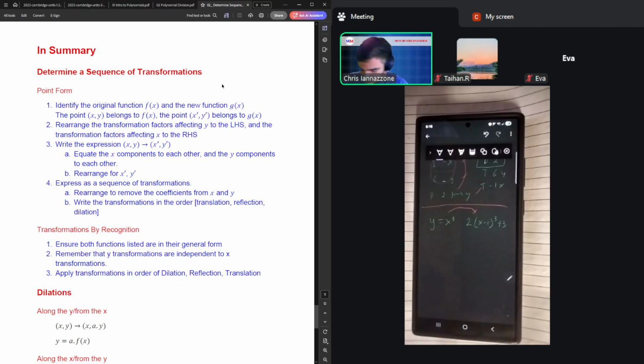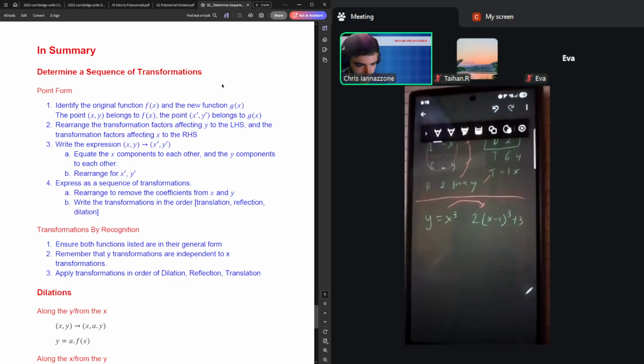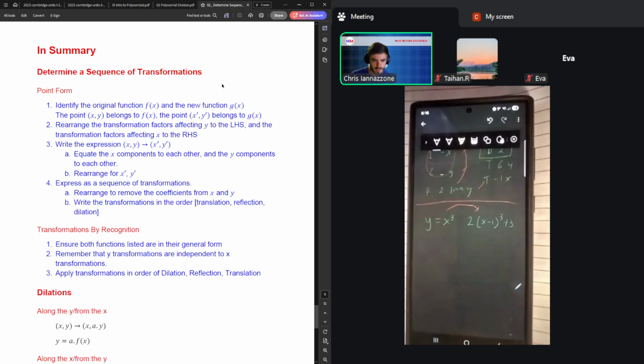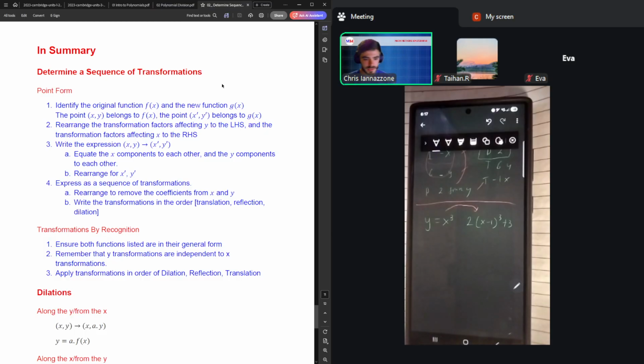Let's crack on. How are we going to start this one out in our handwritten notes? Going from y equals x cubed to the new cubic with all those transformations. What's step 1 telling us to do?